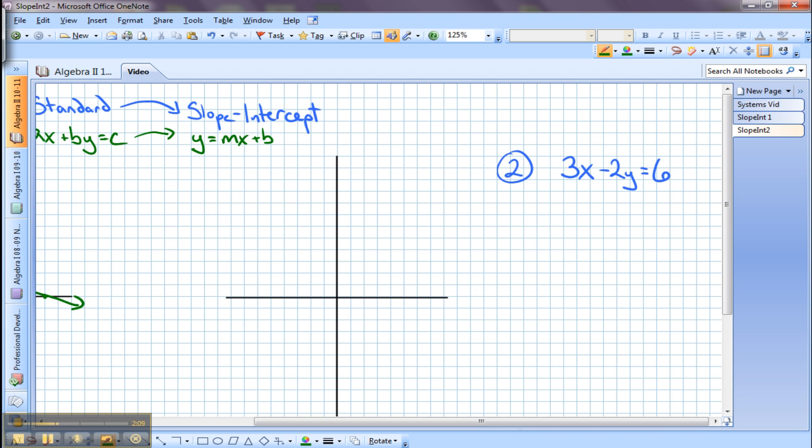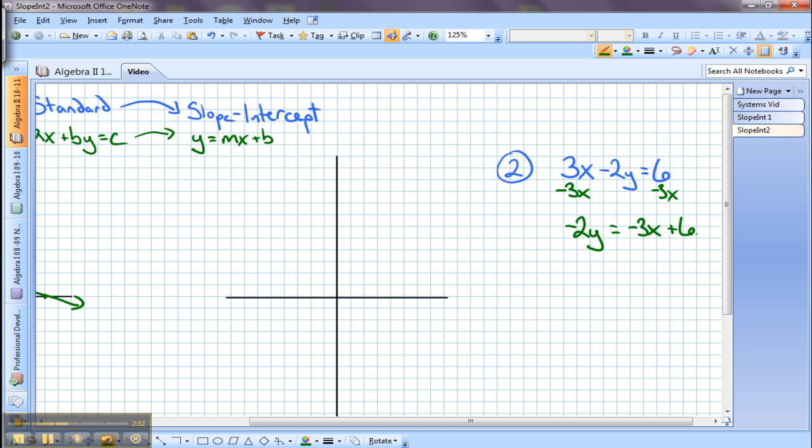In example number 2, we have the equation 3x minus 2y equals 6. So to get this equation in slope-intercept form, we're going to start by subtracting 3x from both sides, and that will give us negative 2y equals negative 3x plus 6.